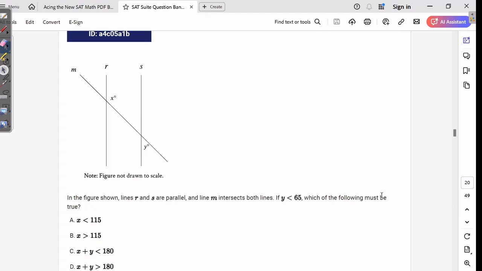In the figure shown, line R and S are parallel. Line M intersects both lines. If y is less than 65, which of the following must be true? So here we have y, and this one is x.